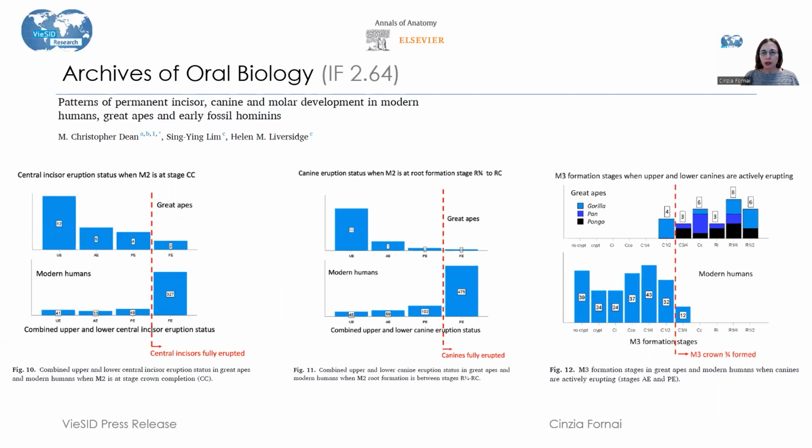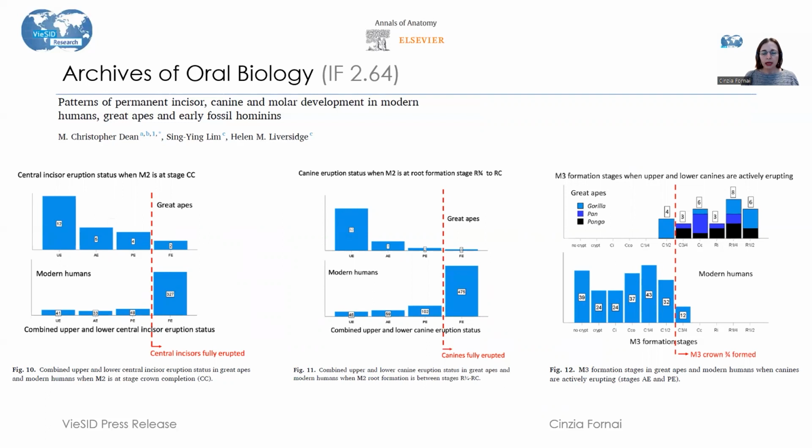Great ape upper and lower incisor eruption was generally delayed relatively to M2 with respect to humans. Late canine eruption, so close to M3 eruption, is a general human and great ape condition.